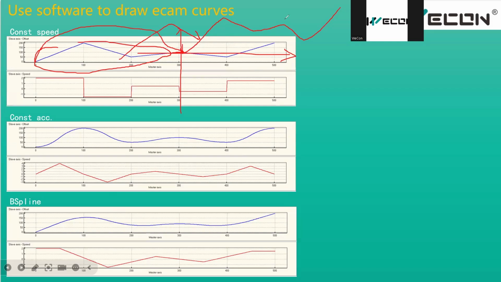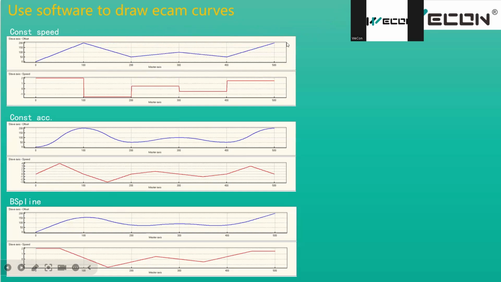But if we use this specific start and specific position, the slave here will go reverse and go forward. And after this point, the slave will stop because the cycle already finished. Could you understand the difference between these two start modes?